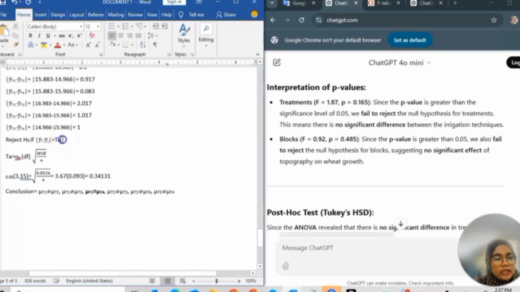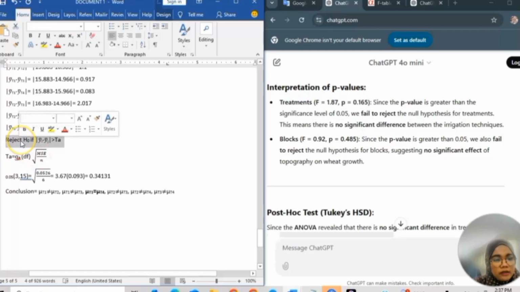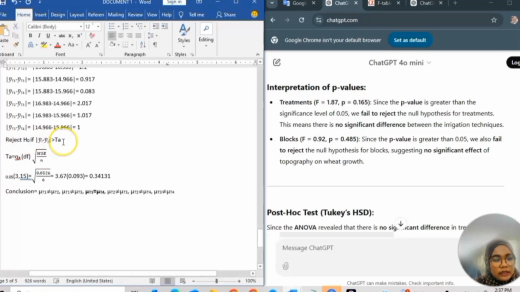After that, we reject H null if the absolute value of y bar i minus y bar j is greater than T alpha. The conclusion is mu T1 unequal mu T2, mu T1 unequal mu T3, mu T1 equal to mu T4, mu T2 unequal mu T3, mu T2 unequal mu T4, mu T3 unequal mu T4.